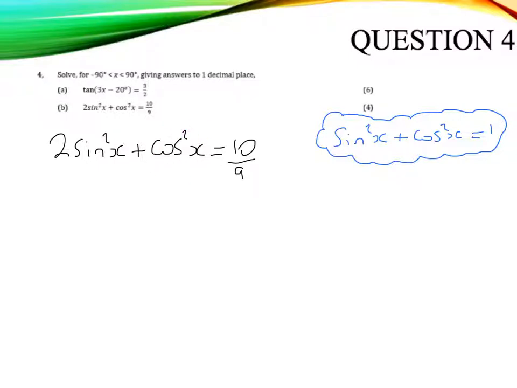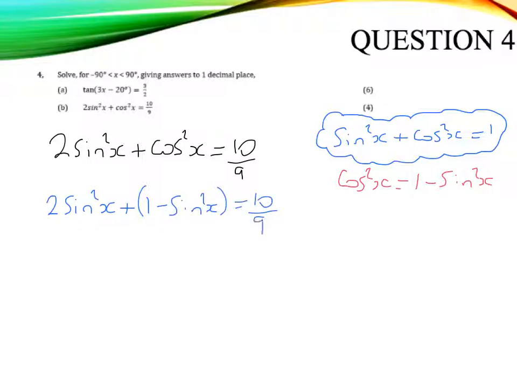So again, I can use this identity over here, and I can say that cos squared x is 1 minus sine squared x. Now if I do that, then we've now got 2 sine squared x plus, changing my cos squared x to be 1 minus sine squared x, equals 10 over 9.